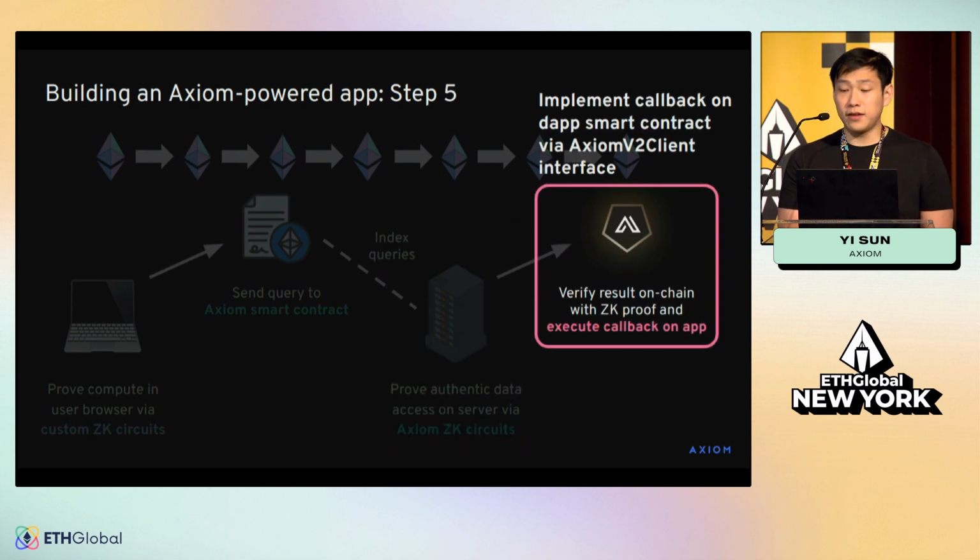Finally, you'll implement a callback on your on-chain application. And what we ask is that you extend our Axiom v2 client interface. That gives a standardized format for the callback, which allows you to check various properties of the query, make sure things are authenticated and permissioned correctly, and finally gives you the user data that you're actually interested in.